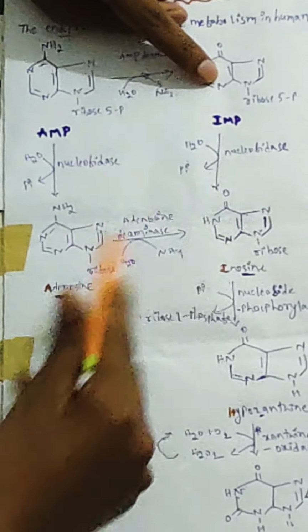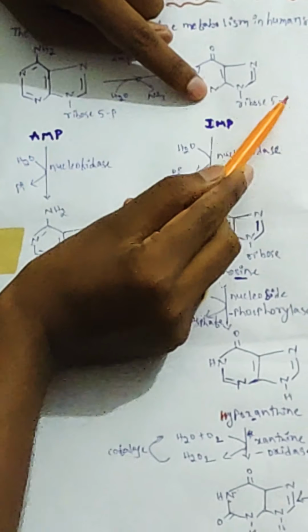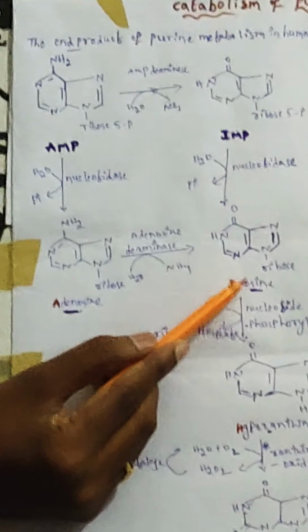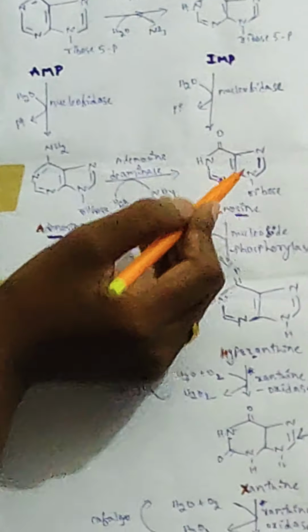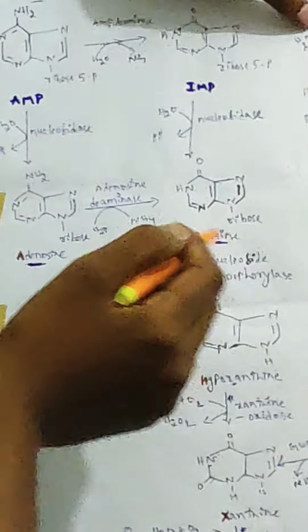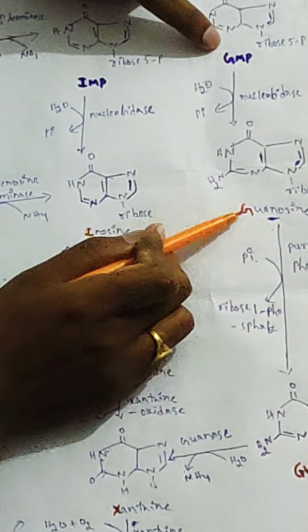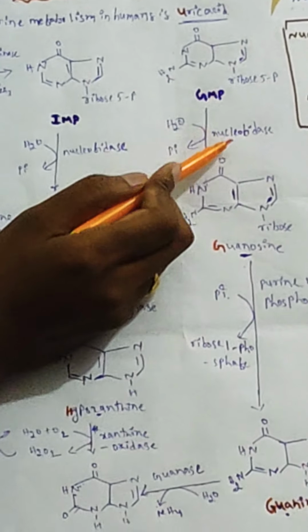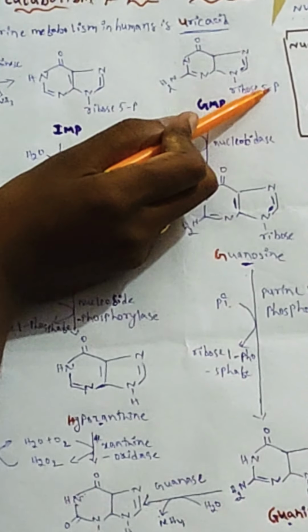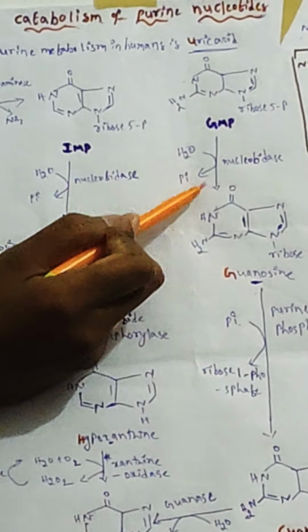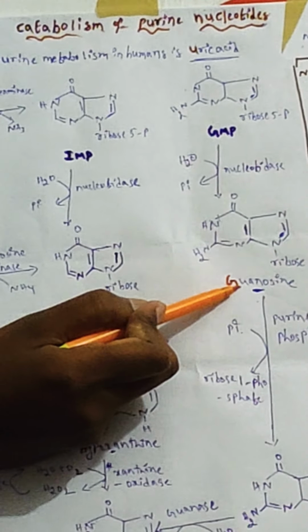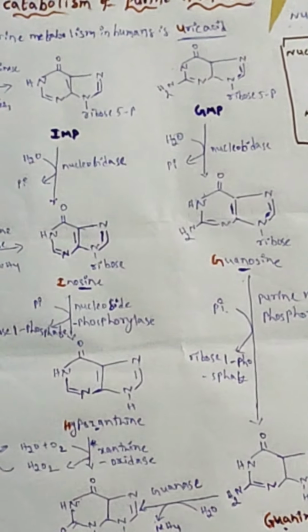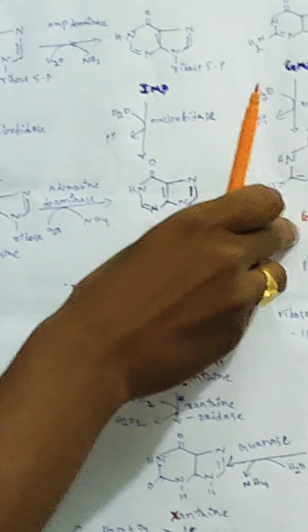The same enzyme nucleotidase removes phosphate from inosine monophosphate and gives inosine. Then guanosine monophosphate is converted to its nucleoside: the same nucleotidase enzyme removes the phosphate, and guanosine is produced. So in the first step, AMP, IMP and GMP are converted to their respective nucleosides.